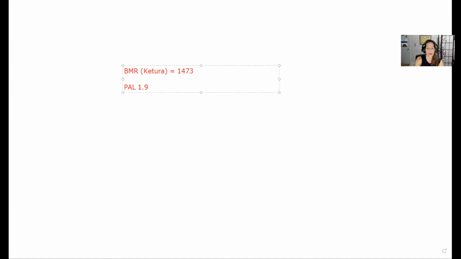This goes to your activity level. So mine is 1.9. I'm a fairly active person. So now I'm going to take that 1473 and multiply it by 1.9. And that's going to give me 2798, roughly point seven.